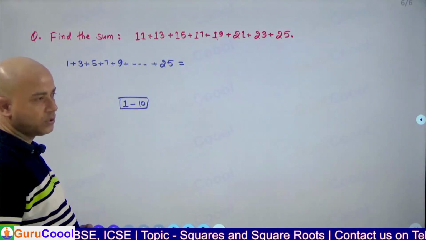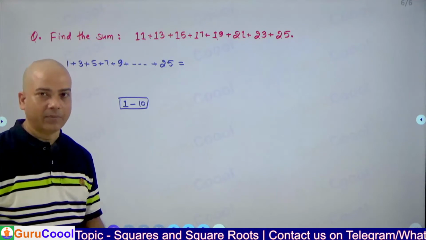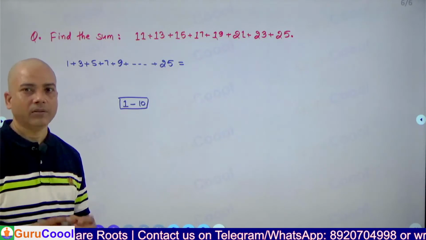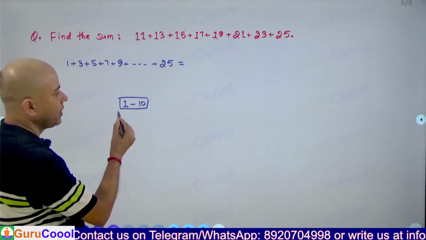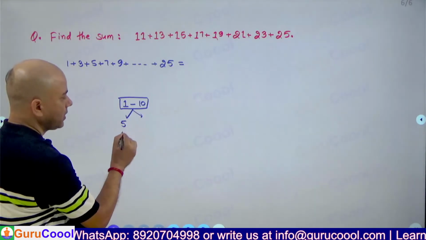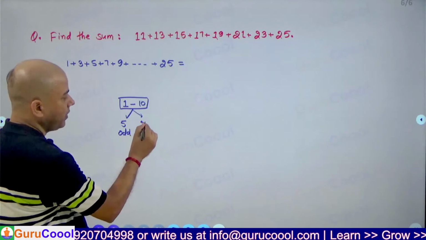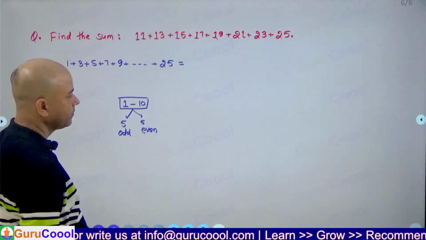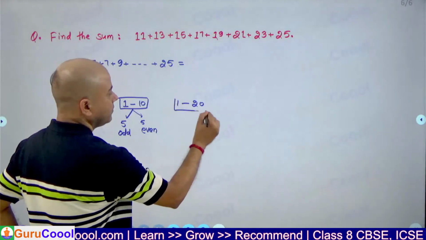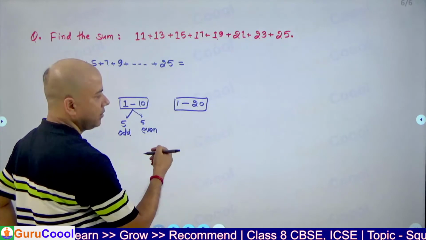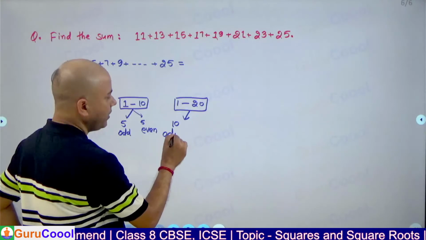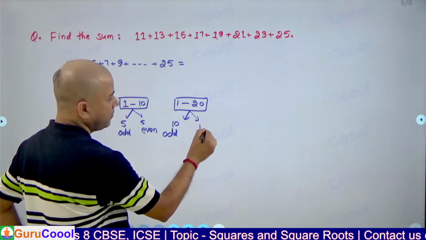How to handle the situation wisely is mathematics. Mathematics is all about handling the situation wisely. If you have numbers from 1 to 10, it contains 5 odd numbers and 5 even numbers. Am I right? Similarly, 1 to 20 natural numbers contain 10 odd numbers, half odd, half even, 10 odd, 10 even.